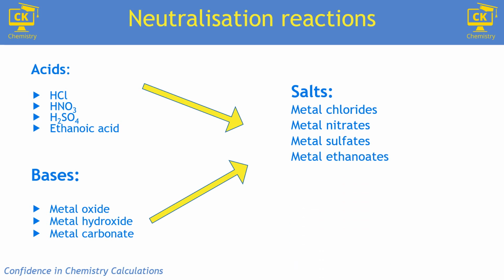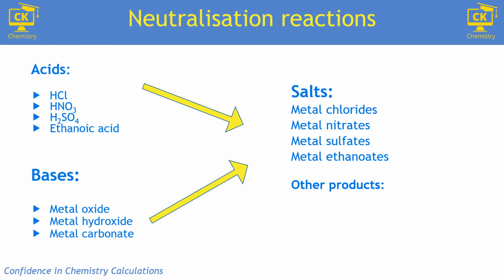Ethanoic acid will make a metal ethanoate. And then the other products totally depend on the base. So the name of the salt depends on the acid, chloride, nitrate, sulfate. The name of the other product, or the formula of the other product, depends on the base.